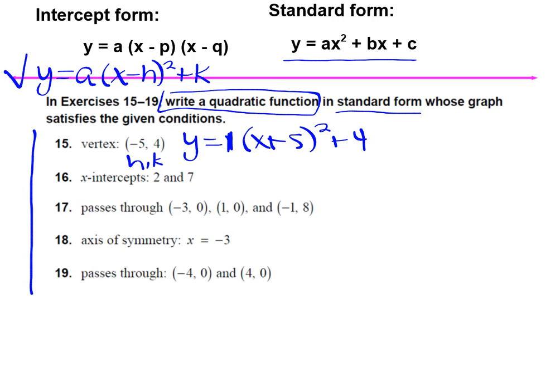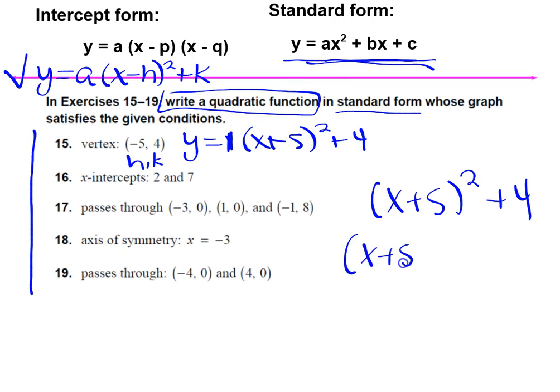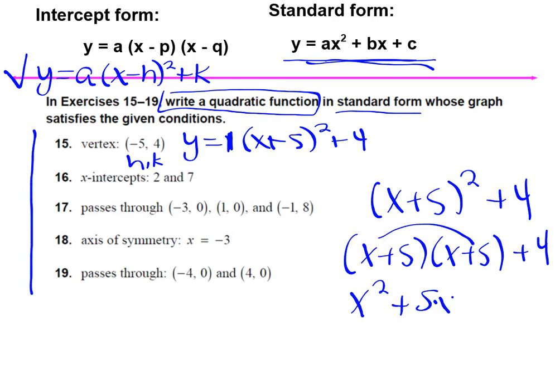So to get this into standard form, I have to take this x plus 5 squared plus 4, and what do I need to not have? The parentheses. So I need to do x plus 5 times x plus 5. And then once I've done that, I can add on the 4. So we did that when we FOILed. x times x is x squared plus 5x plus 5x plus 25 plus 4.